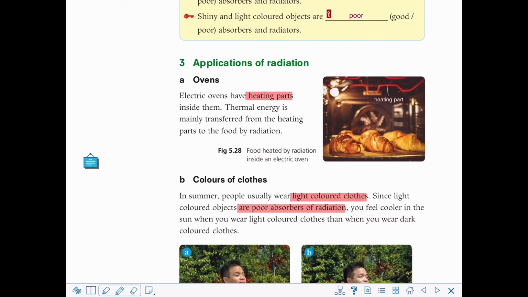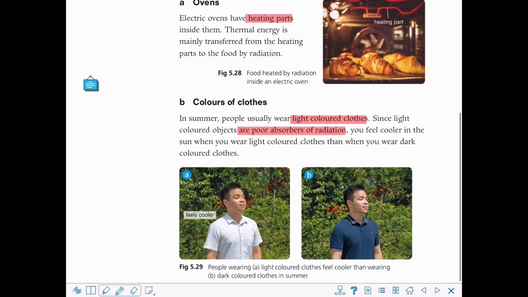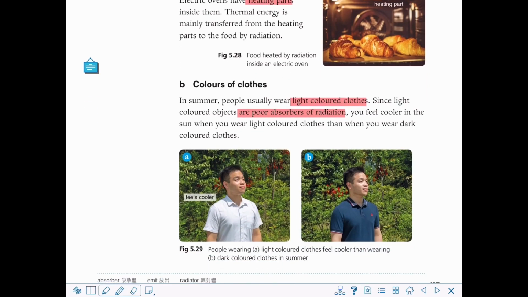Colors of clothes. In summer, people usually wear light-colored clothes. Since light-colored objects are poor absorbers of radiation, you feel cooler in the sun when you wear light-colored clothes than when you wear dark-colored clothes.